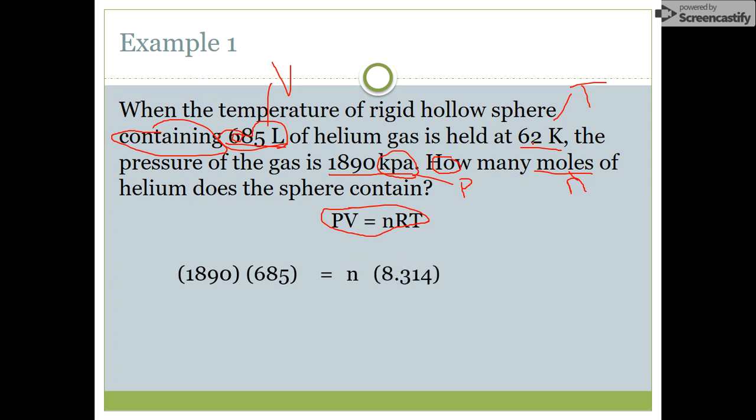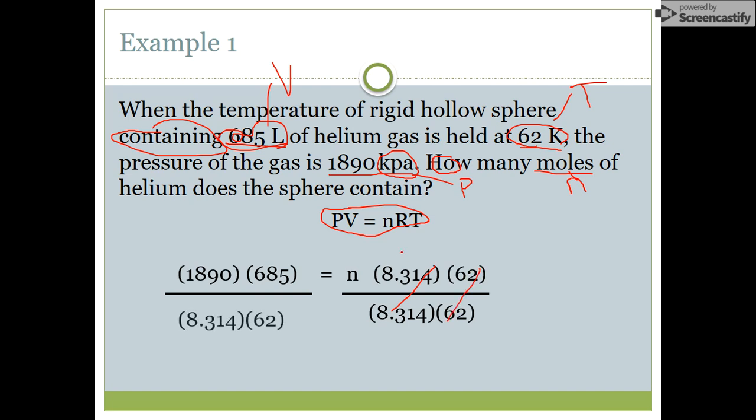And then T is temperature, 62. Now to get N by itself, I'm just going to divide both sides by the 8.314 and the 62. This cancels that out, since you're dividing both sides by it. So this is how your setup should look. And then your N should equal that many moles, a very large number of moles.